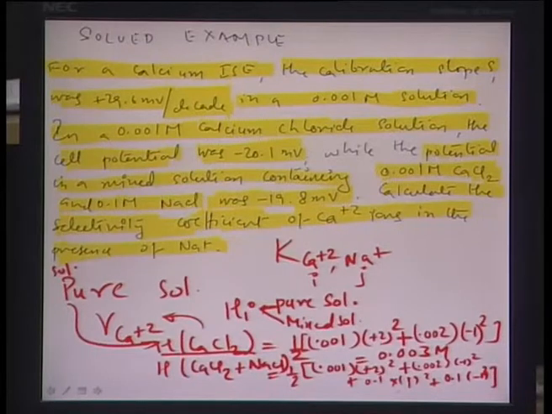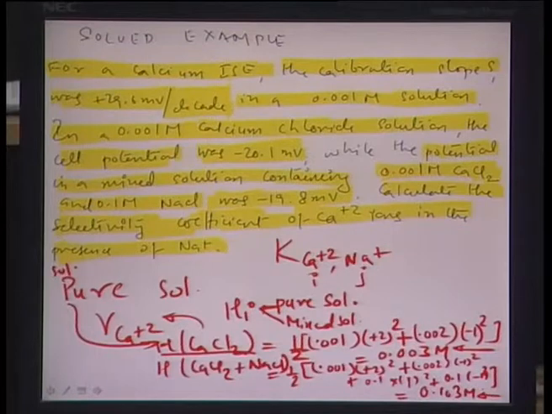This comes out to be effectively 0.103 molar. So the mean ionic strength mu for CaCl2 comes out to be 0.003 molar, and for the mixed solution it comes out to be 0.103 molar.